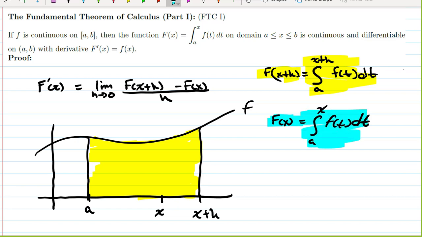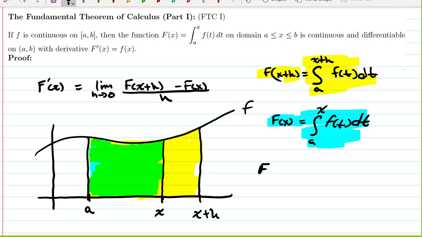So F of x would be this part right here. So when we highlight that in blue, the yellow and blue turn green.